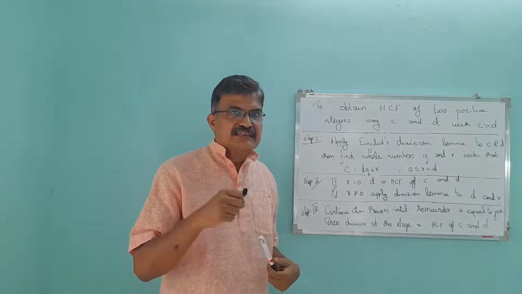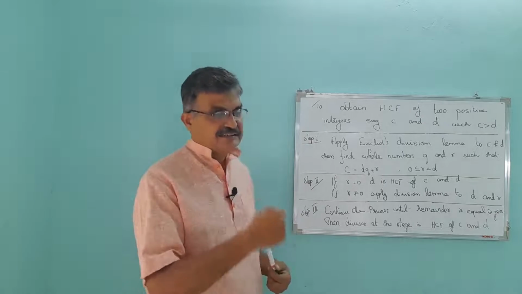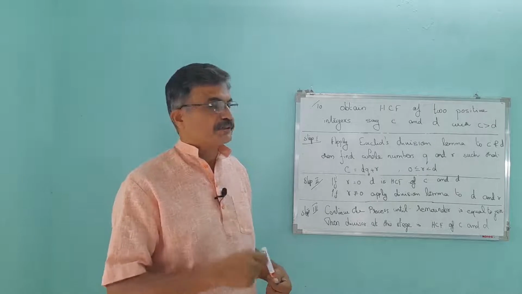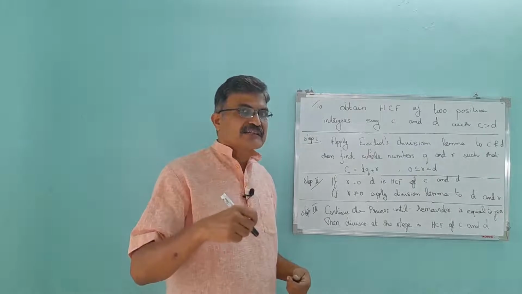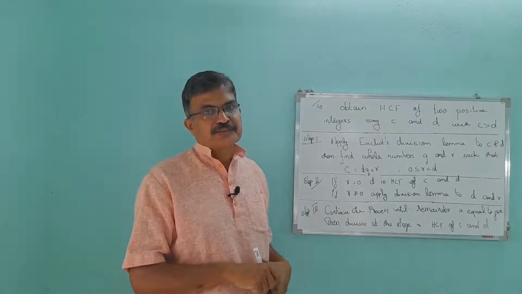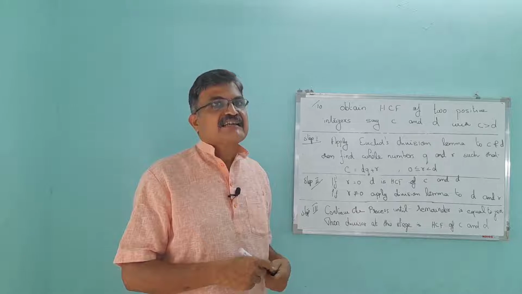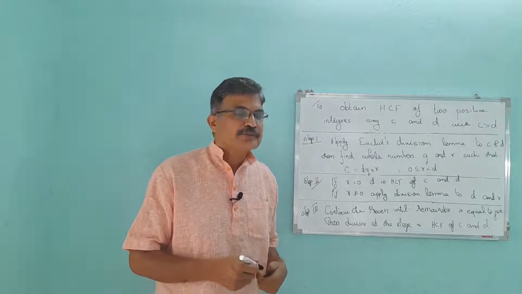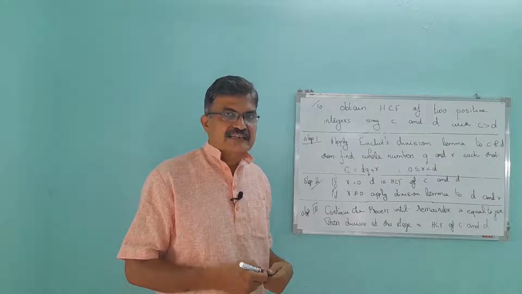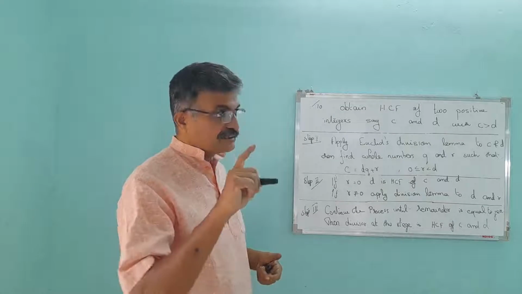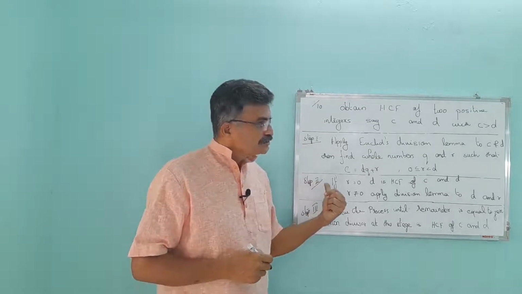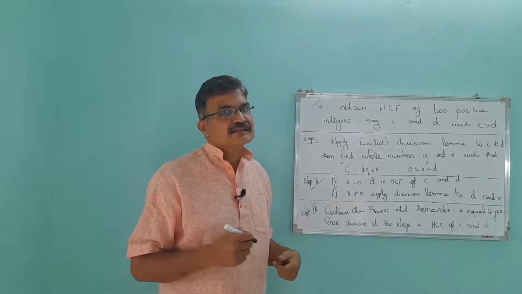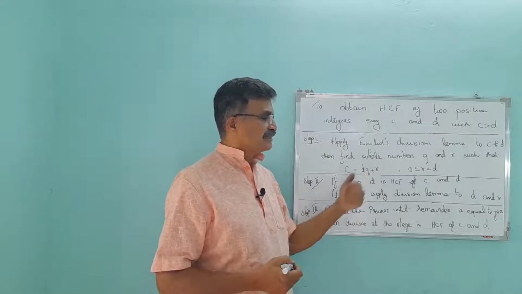First we apply Euclid's division lemma to the numbers C and D. While applying it, we will get two numbers Q and R. In Euclid's division lemma we have studied that if A and B are two numbers, then A is equal to BQ plus R, where the value of R is greater than or equal to 0 but less than B. So we apply that lemma to C and D, and we will get Q and R.